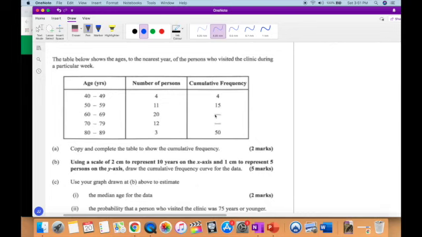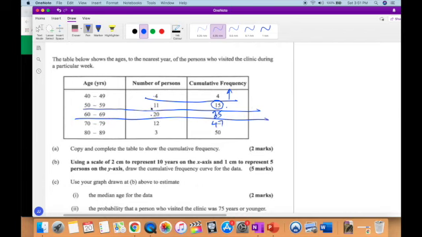What do you think is going to come here? What we say is that anybody below this age bracket is only 4 people. Anybody below this age bracket, well, that's 11 plus 4, which is 15 people. Anybody below this age bracket, well, that is 20 plus 11 plus 4, which is 35 people.